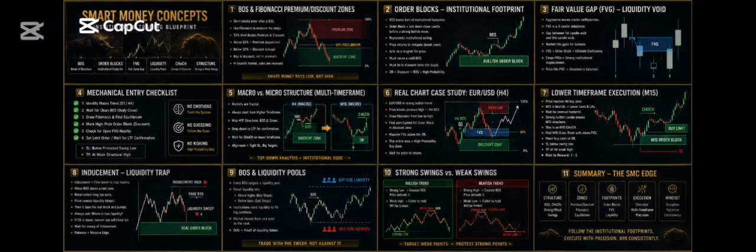And now that you can identify a valid break of structure, you cannot just blindly enter the market. Entering immediately after a break of structure often forces you to buy at the absolute high. Smart money traders utilize the Fibonacci tool to measure the newly formed trading range.